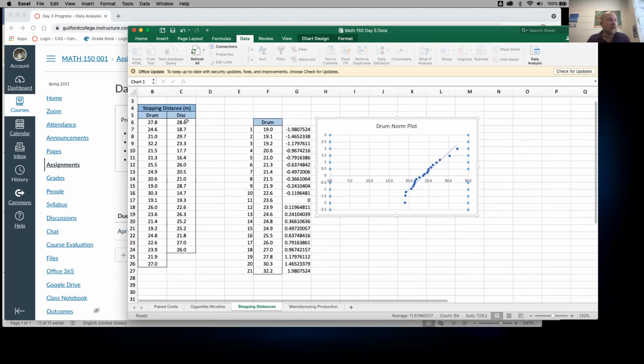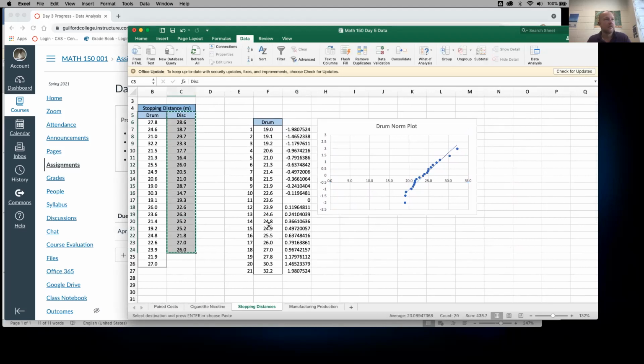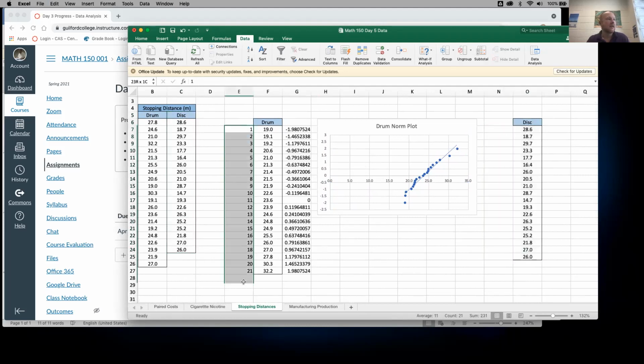All right. Then I'm going to go ahead and do the same thing with the disc brake. And I put it in kind of the wrong spot. And I'm going to put numbers alongside there.